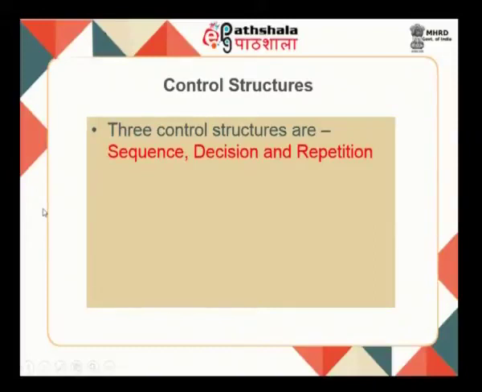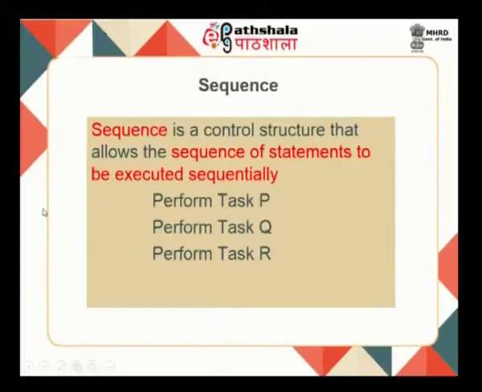What are control structures? Control structures are the heart of any program or algorithm, and there are three structures we have. One is called sequence, next is called decision, and third is called repetition. What is a sequence? Sequence is a control structure that allows a sequence of elements to be executed sequentially.